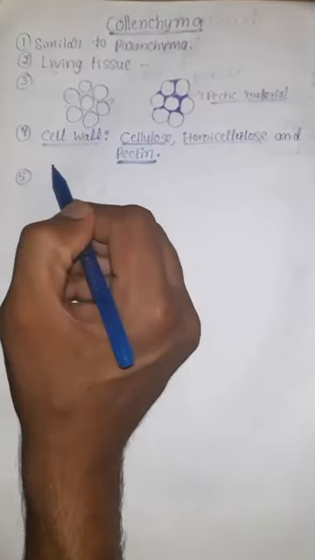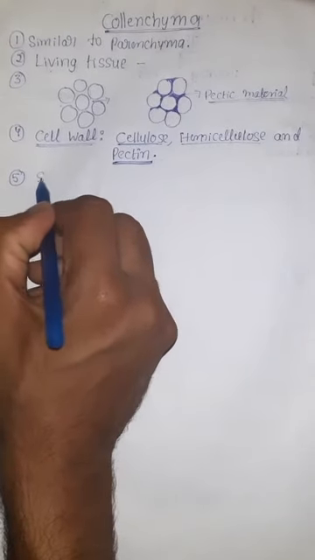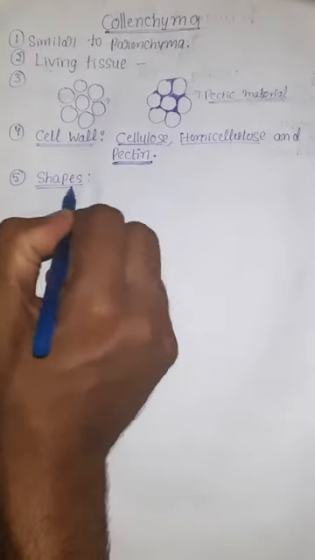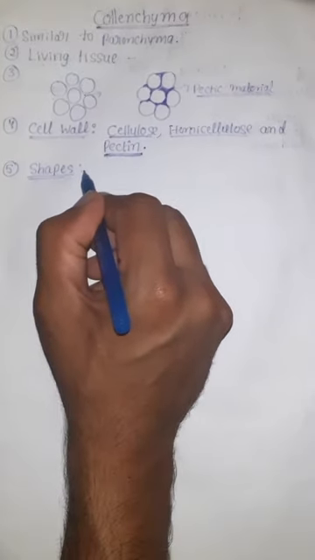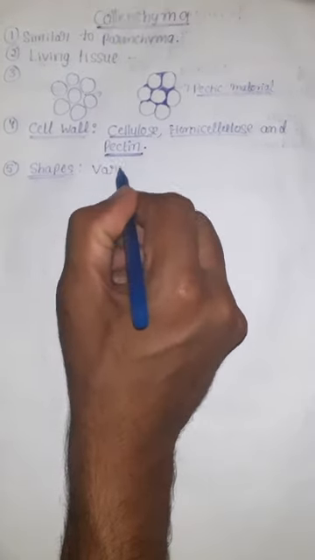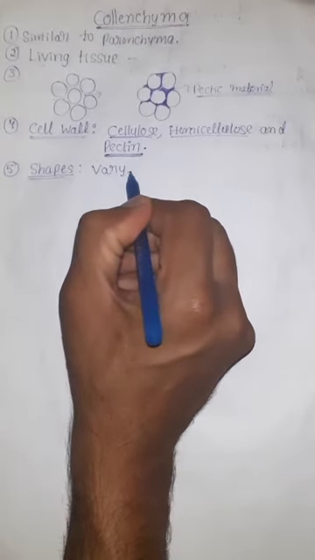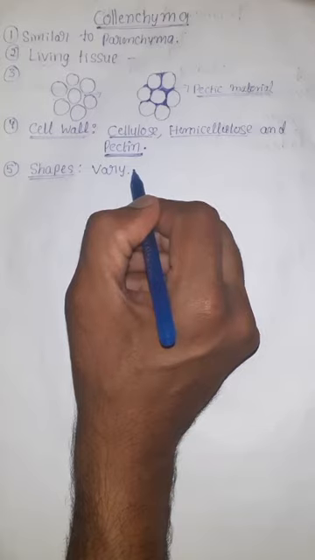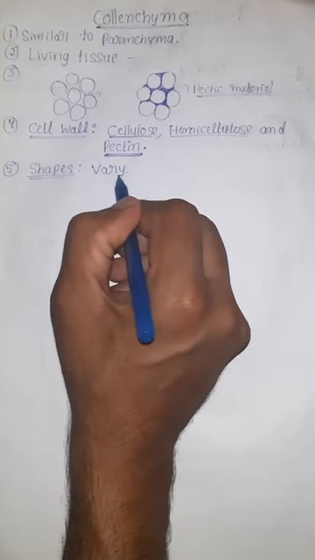Next, coming to the cell shape, the shape varies. It may be spherical, angular, polyhedral, or polygonal.